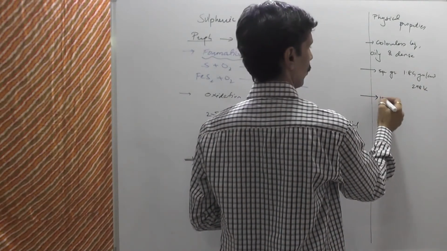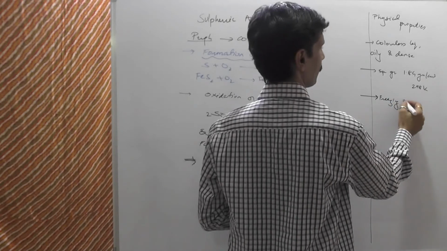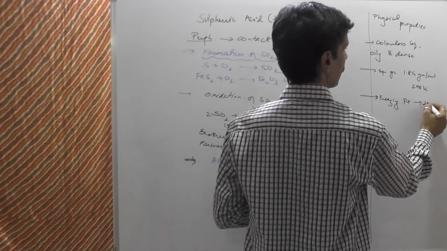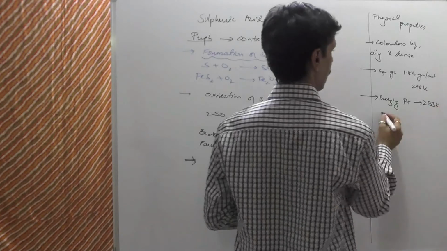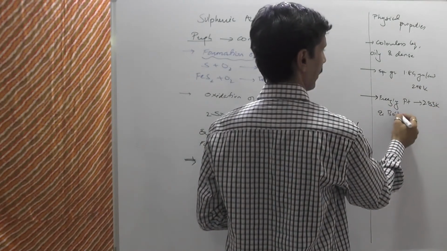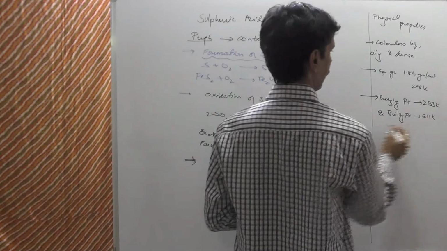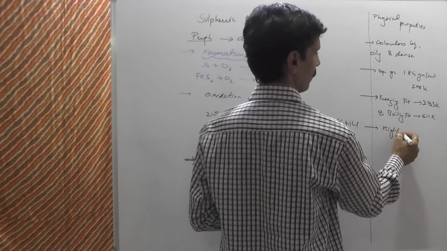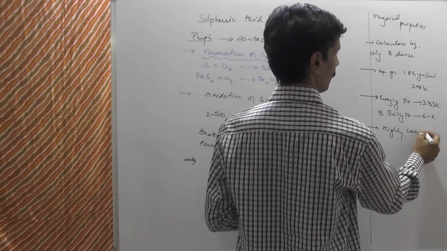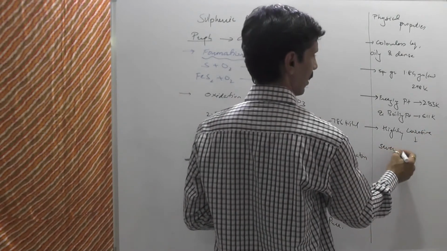Its freezing point is going to be around 283 Kelvin and the boiling point is around 611 Kelvin. It is highly corrosive, and therefore it produces severe burns on hand.